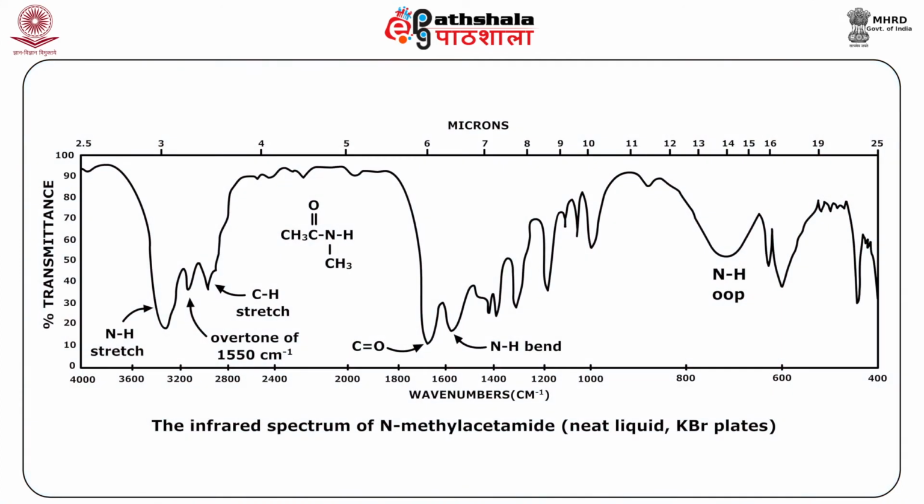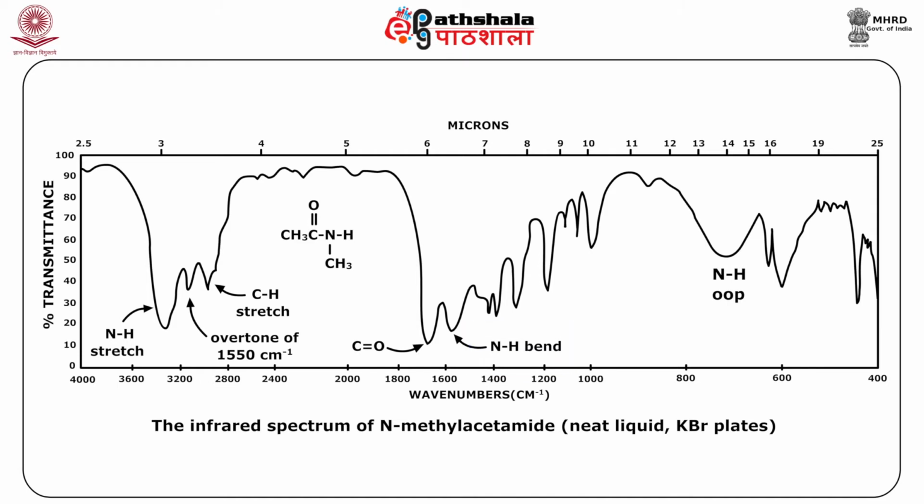Now the secondary amides show only one NH stretching band at near 3300 cm inverse, while the carbonyl stretching band, that is the amide 1 band, is observed at 1680 to 1640 cm inverse. The amide 2 band for secondary amides is due to the coupling of NH bending and CN stretching and appears at 1560 to 1530 cm inverse.